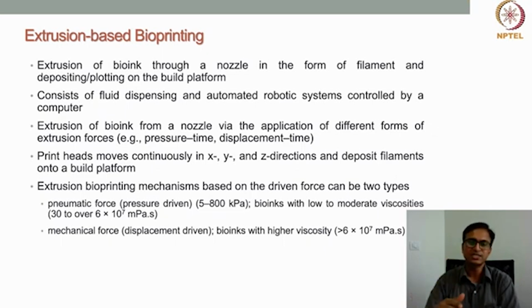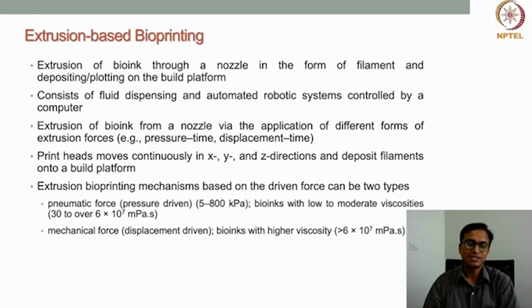In certain other cases the printhead is stationary, or moves only in Z direction, and the build platform moves in XY direction. Any type of combination can work, but the most common type is where the printhead moves in all three XYZ directions and the build platform is stationary.